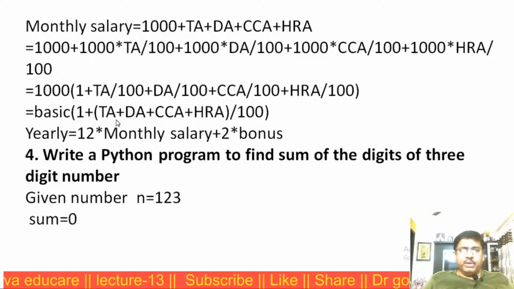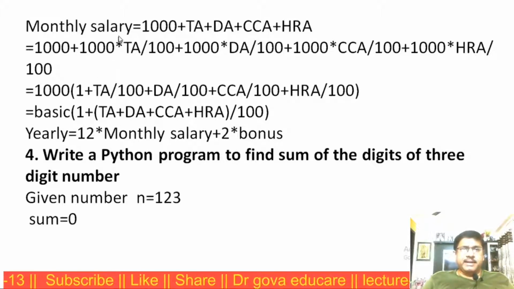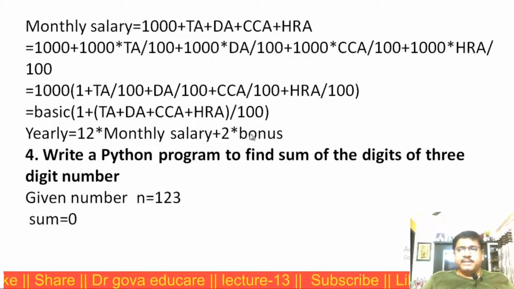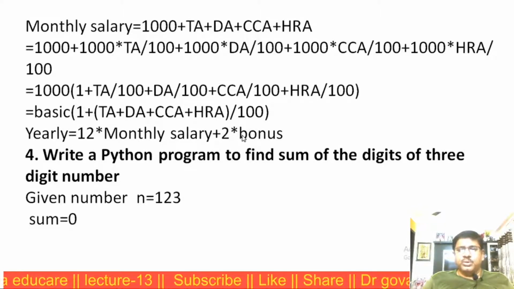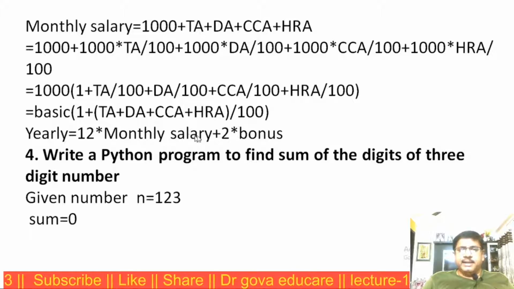Now I want to calculate yearly salary. Monthly salary into 12 plus bonus; the bonus is half yearly, so for yearly bonus it is 2 star bonus. Now this is finally the yearly salary.